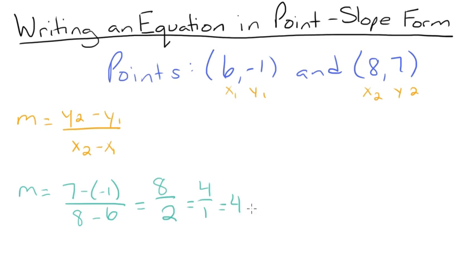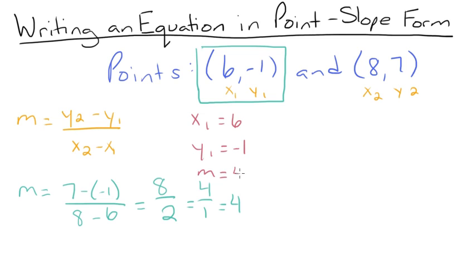Now that we know that the slope is 4, choose either one of the points to plug into the formula. For this example, we're going to use the point 6, -1. So first we're going to write out our known values. So we know x1 is equal to 6, y1 is equal to -1, and m we found to be equal to 4.